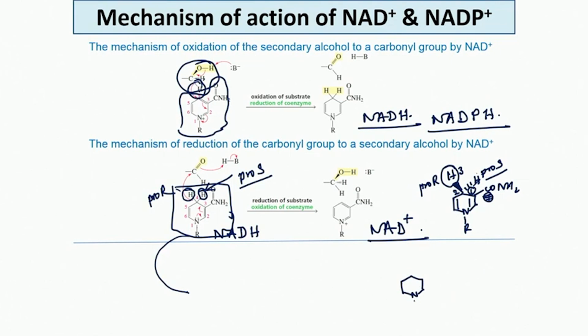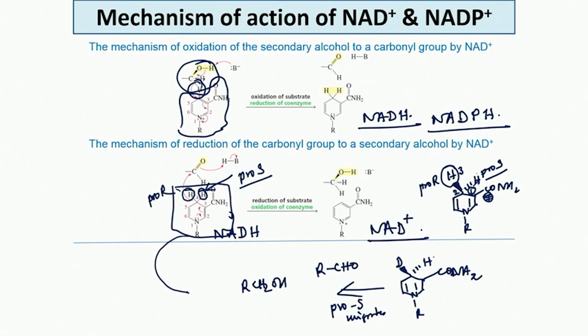Suppose I have a deuterium here and hydrogen here, and I do this NADH mediated reaction, and I have an aldehyde, and I ask you what is the product if pro S is migrating. So, what will be the product?